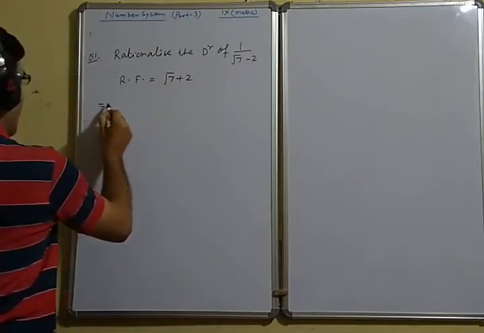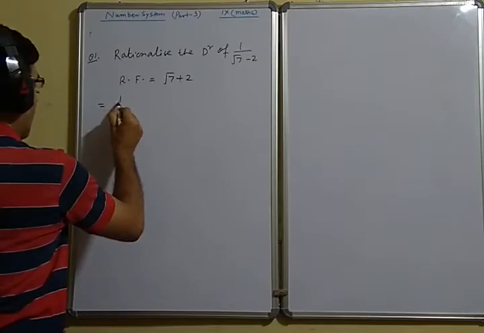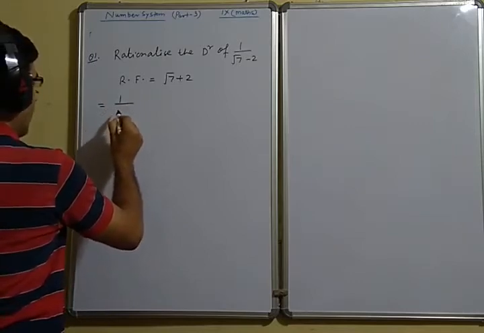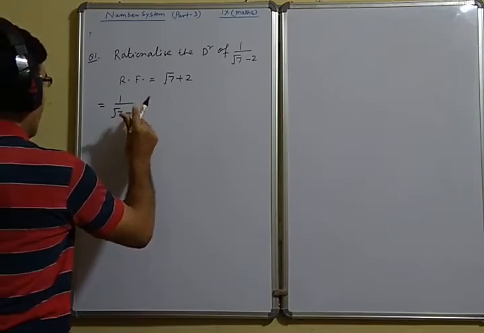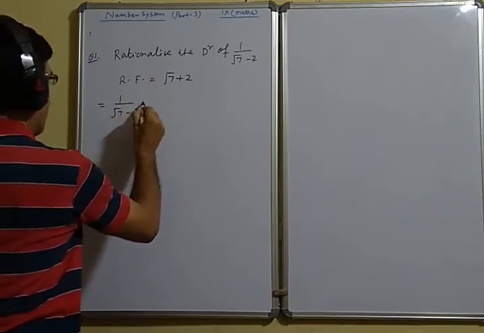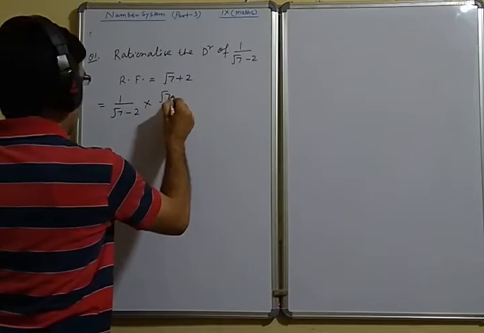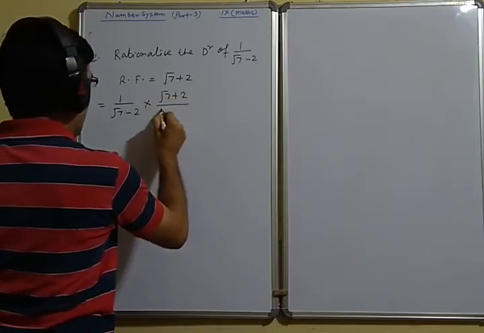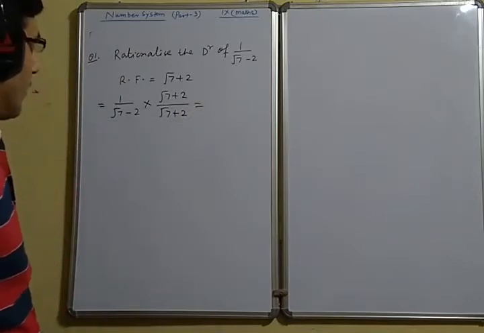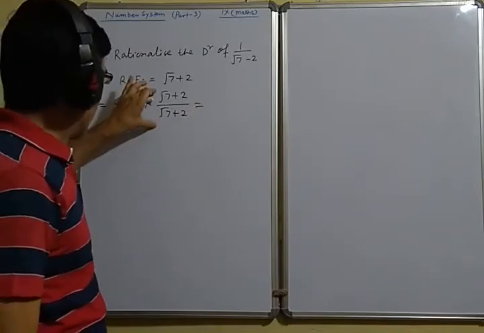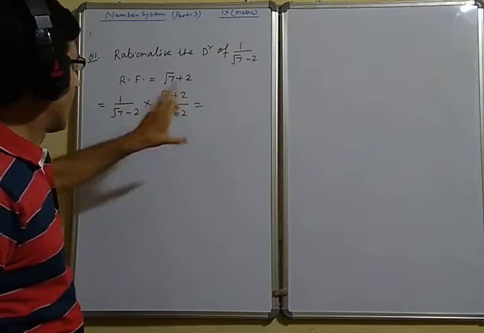Now we multiply and divide it by its rationalizing factor, under root 7 plus 2. You can say multiplying both numerator and denominator by its rationalizing factor.